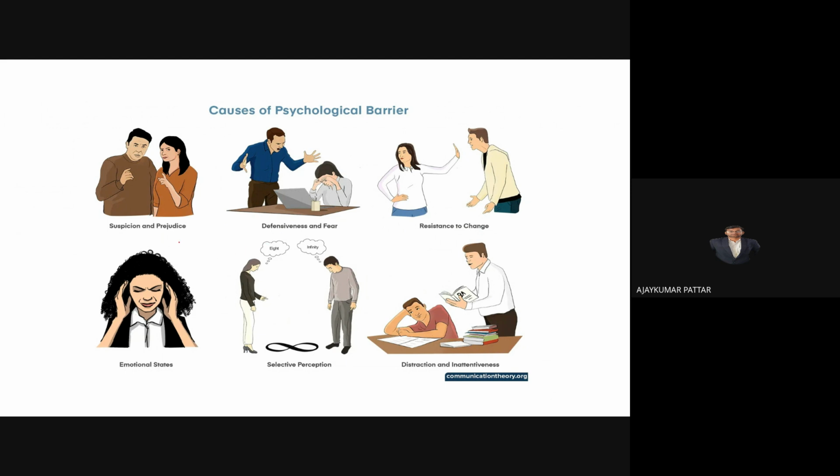Then degree of trust. Degree of trust means if person A is telling person B something, how much person B trusts person A is also a factor for communication. For example, if person A is a very good person and B trusts A fully, then whatever A tells, B will receive effectively.